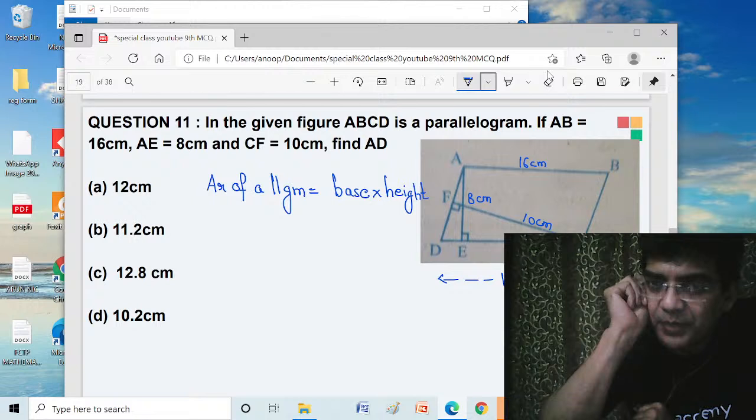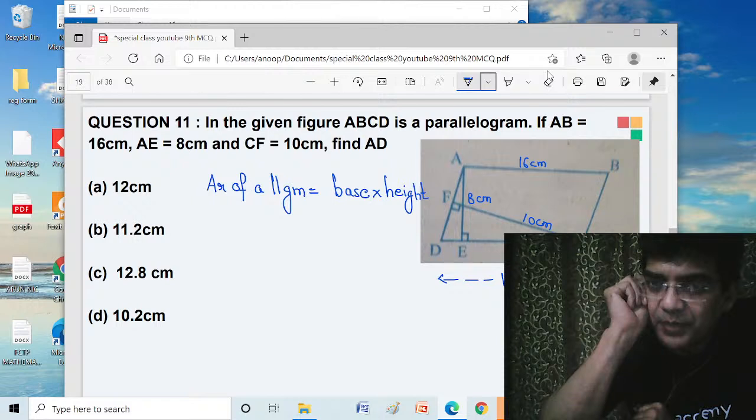128. Now the base. Now you can see in the second case, this is the height, 10. And this height is on the base AD. So AD is the base into height. Height is CF. So 128 is equal to AD into CF.